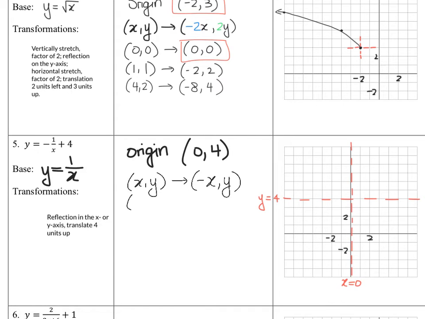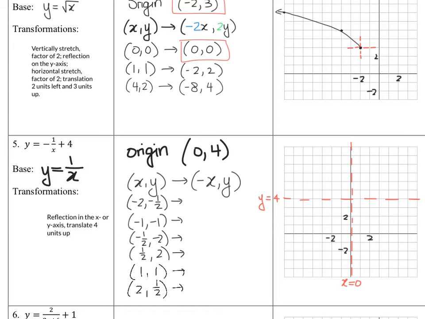So that means all of our original points, -2, -0.5, -1, -1, -0.5, -2, 0.5, 2, 1, 1, and 2, 0.5. All of the x coordinates are going to switch signs. But the y coordinates are going to stay unchanged.